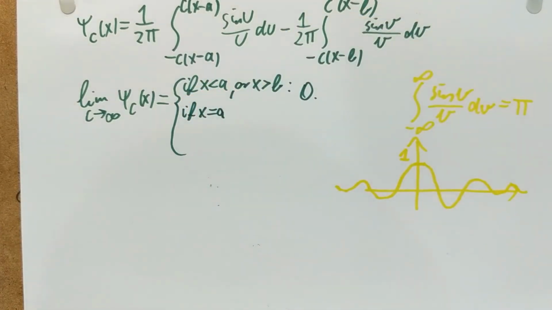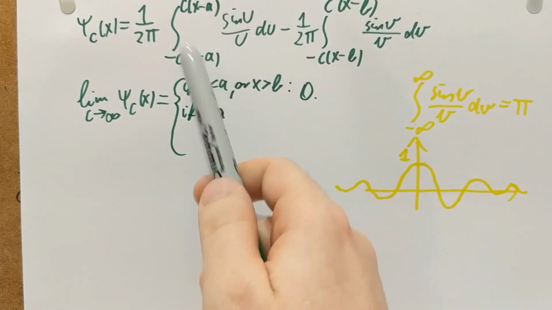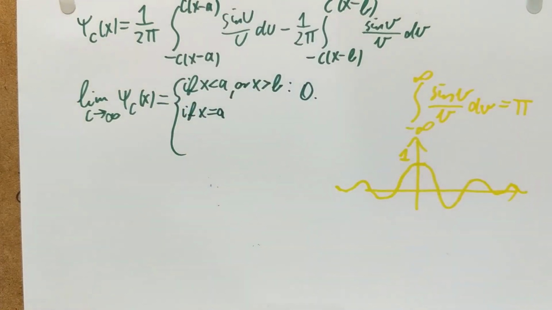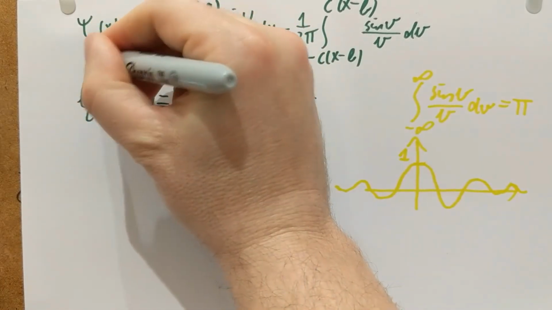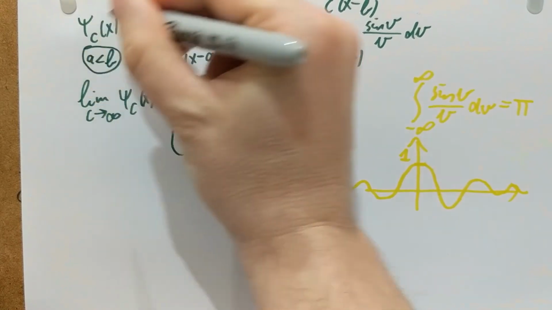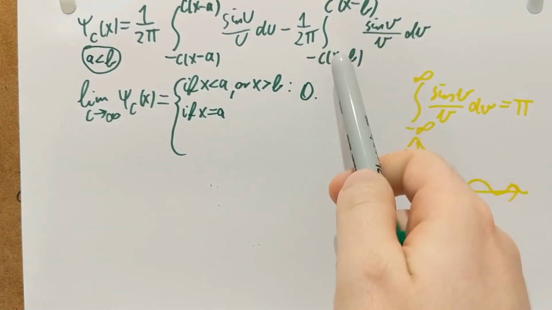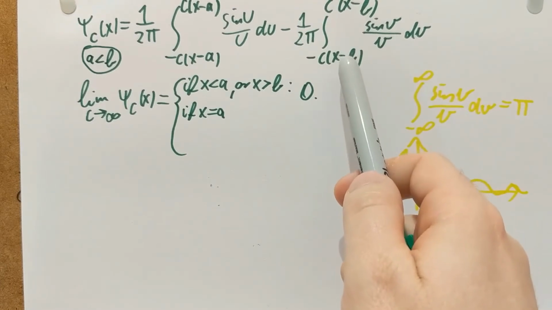Okay? More interesting things happen when x is a. What happens when x is a? When x is a, then x minus a is 0. I'm integrating a nice function on a 0 length interval. That doesn't give me any contribution. And notice that a is smaller than b. We're always looking at a smaller than b. So when x is a, then I have a minus b here, which is negative.